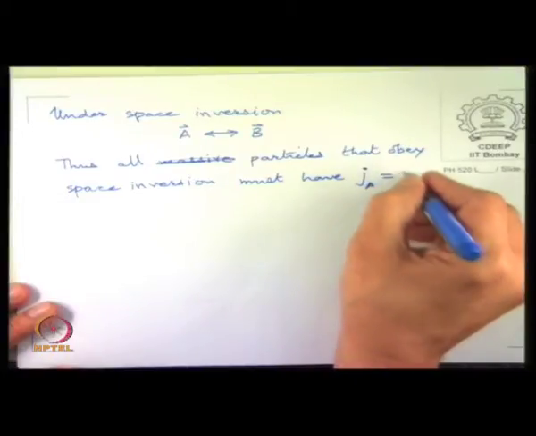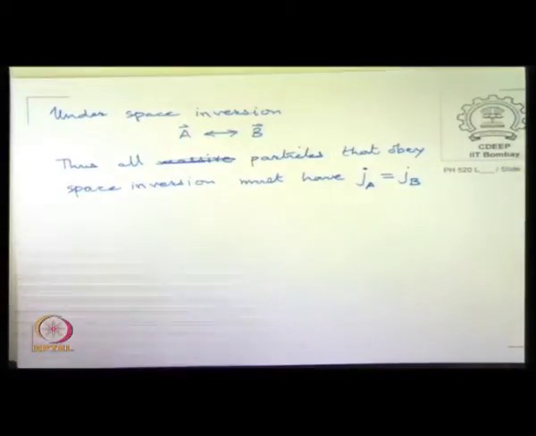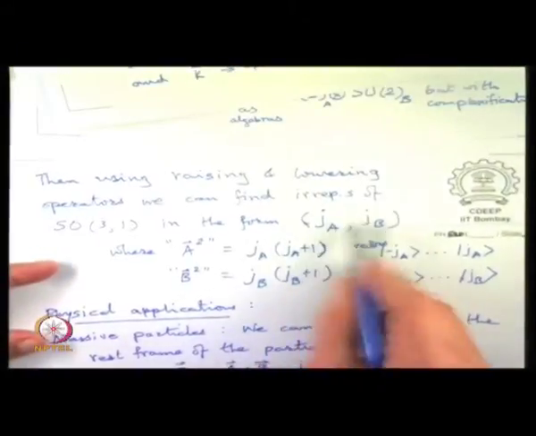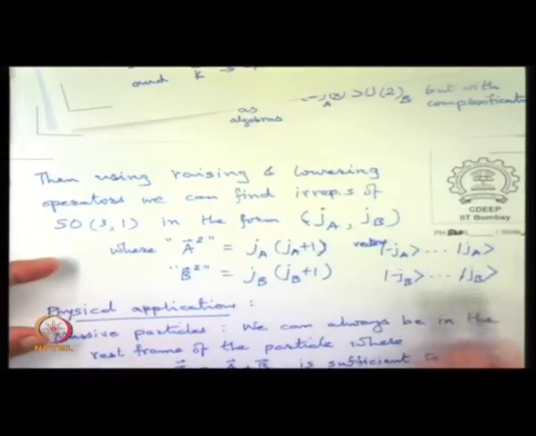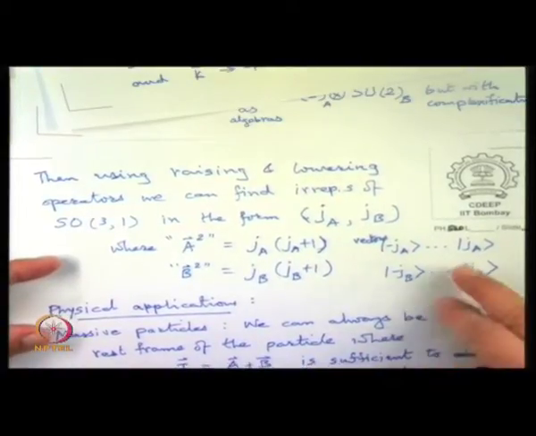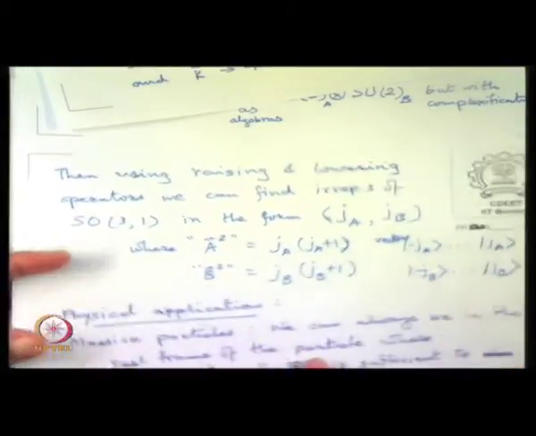The highest weight has to be the same, because otherwise the representation will remain imbalanced. A representation like JA, JB, where one of them runs over, let's say, -5 to +5, but the other one only -3 to +3, under space flip they will get exchanged. So that cannot happen unless JA is equal to JB. So you are forced to have JA equal to JB.